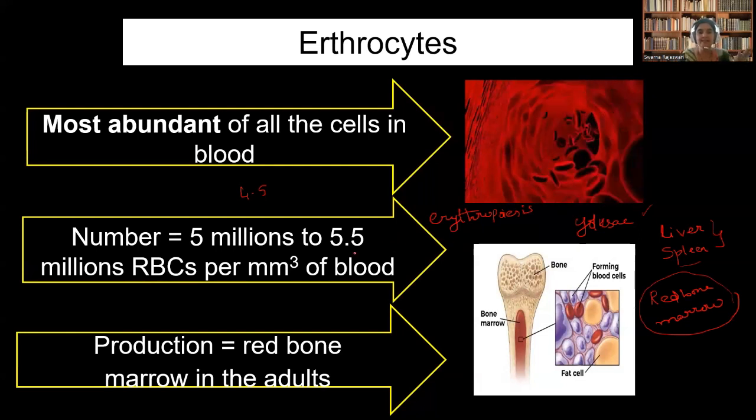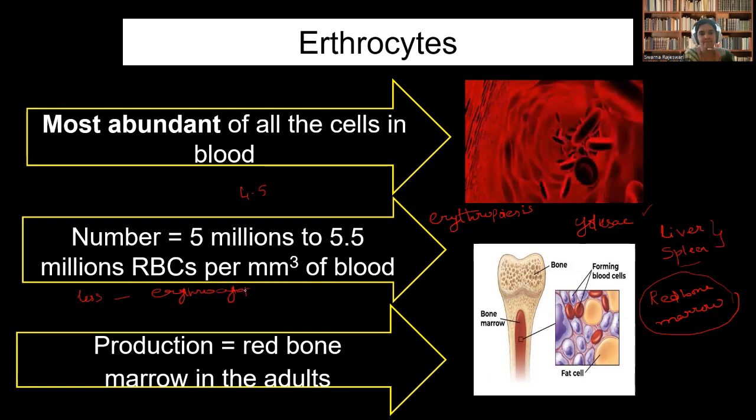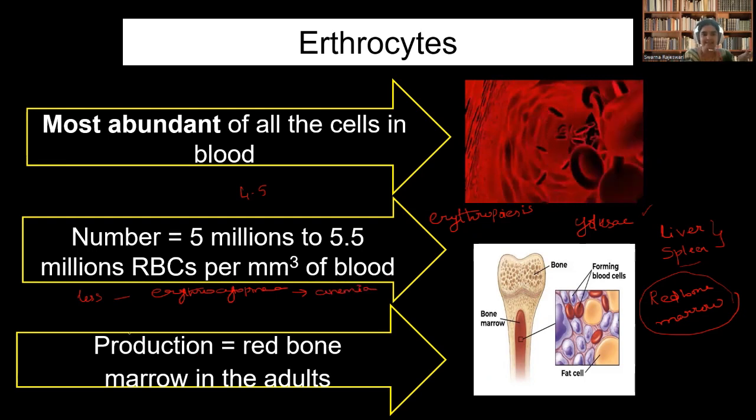We have seen that the number of RBCs is about 5 to 5.5 million per cubic mm of the blood. A lower number of RBCs is dangerous, as well as a higher number of RBCs is also dangerous. A lower number of RBCs we call erythrocytopenia, which later leads to a disease called anemia, means bloodlessness.